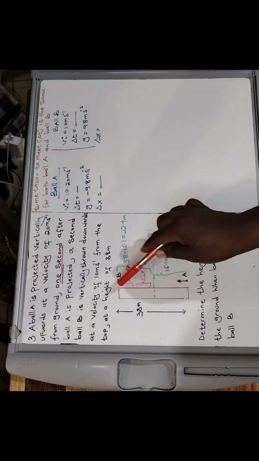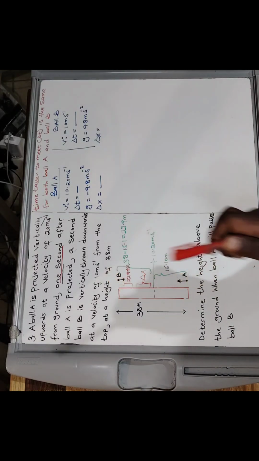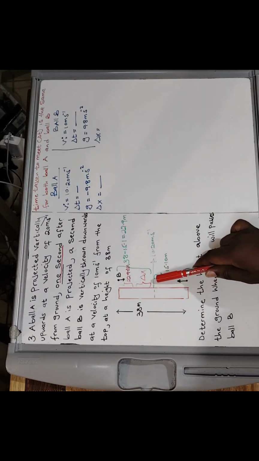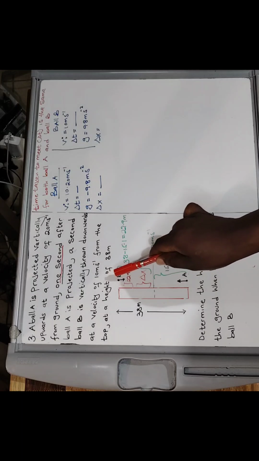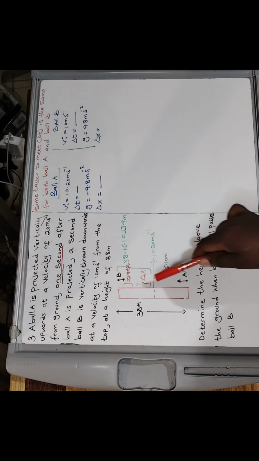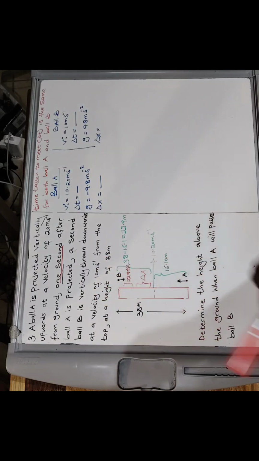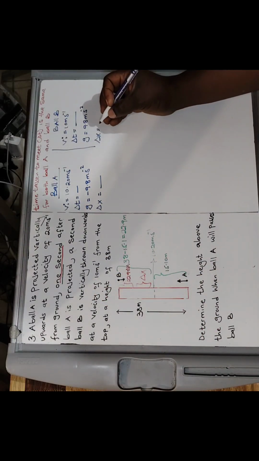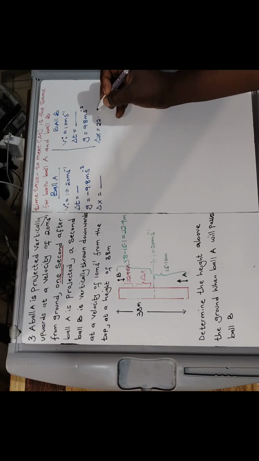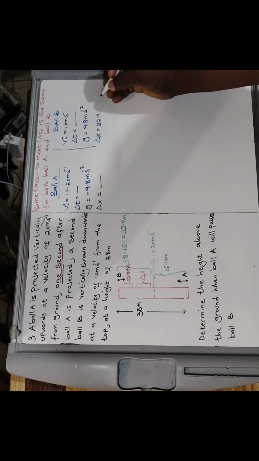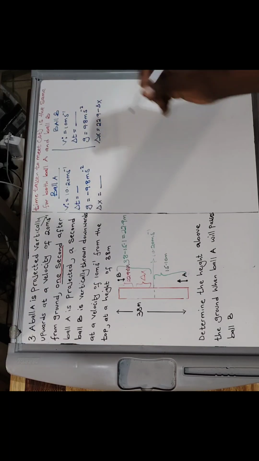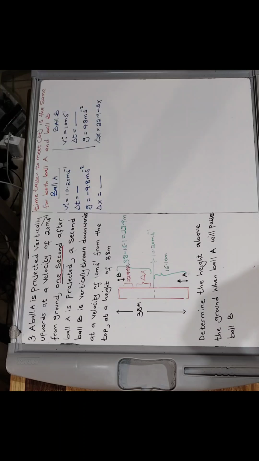Yes, because remember this distance is 22.9, and if this one covers delta x, the other one will cover the entire distance here, which is 22.9 minus delta x. That's what we have. So we can put it here. The distance covered here is going to be 22.9 minus delta x.